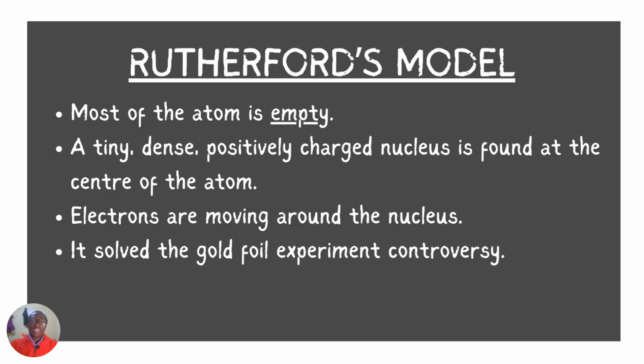Rutherford had carried out an experiment where he bombarded alpha particles on a gold foil, and most of the particles, because they were positive, went through and were not deflected. Very few were deflected to different angles, and then some of the alpha particles were sharply deflected back to the source.